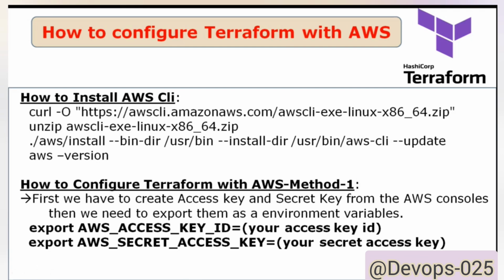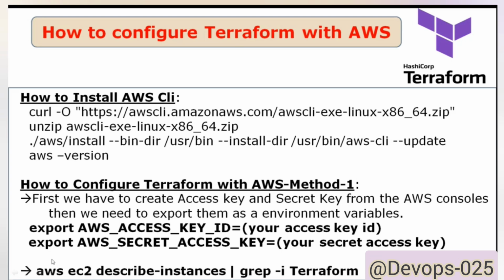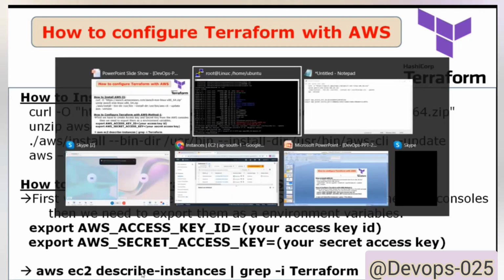From this Linux server, if you want to authenticate whether you are the correct user, or whether you have correct access for provisioning or creating the resources, at that time you need this access key ID and secret key. After this, you have to verify a couple of commands, for example EC2 instances, to check whether the servers are running or not. We will check that.